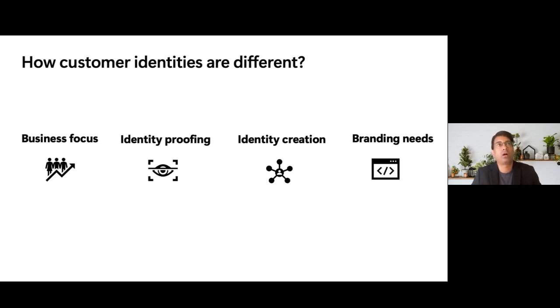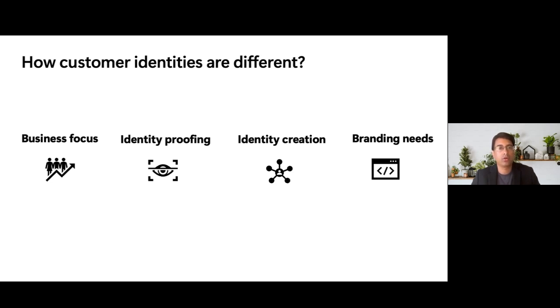Because some of you may not be coming from the customer identity space background or SIAM, let's talk a little bit about why and how customer identities are different from, let's say, workforce identities or employee identity or B2E scenarios. They are fundamentally different when you look at the different areas in between those. For example, business focus is usually very different.